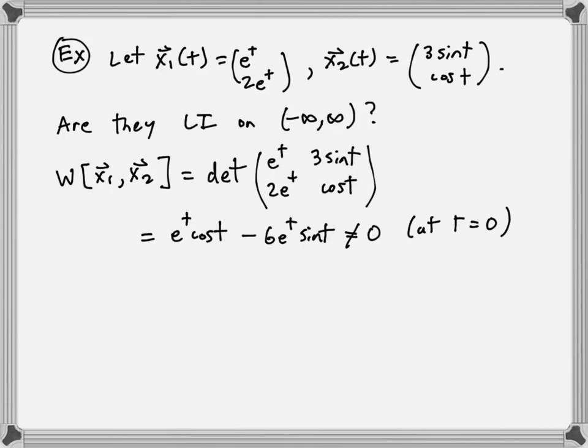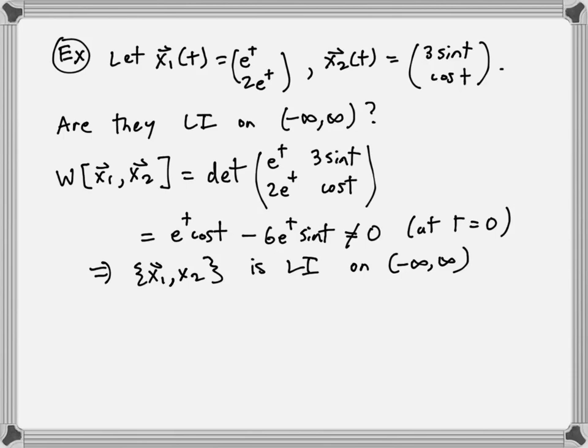At t equals 0, it is equal to 1. So it's definitely not 0 everywhere. This implies that x1 and x2 is a linearly independent set on negative infinity to infinity. So it is quite easy to use this theorem. All you have to know how to do is take a determinant, right?